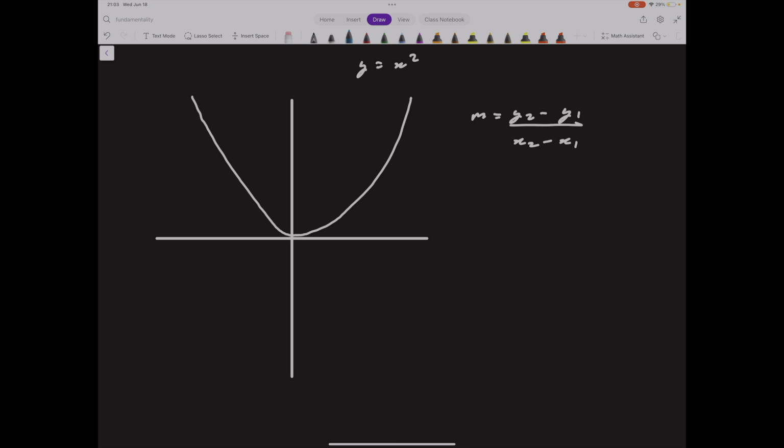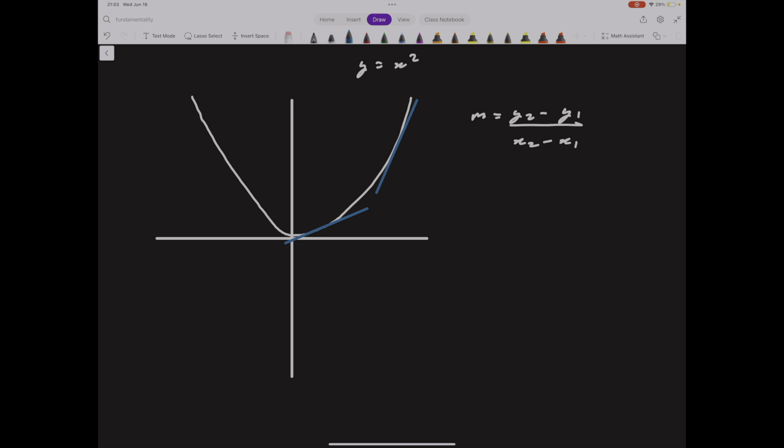But obviously that's not the case here, because if you choose a point down here, it's not the same as a point up here. The gradient is different on every point of this curve.